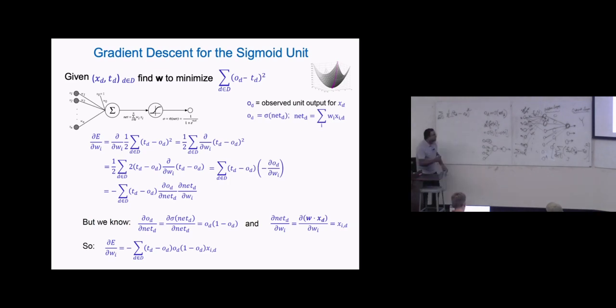So there is a partial derivative we have to take with respect to each Wi for this loss function. And this loss function is defined as E, right? So the partial derivative of E with respect to this weight is equal to, what is the derivative of this square function?